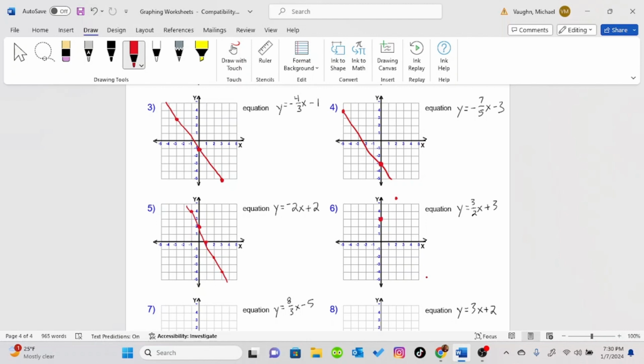We can also do the opposite to get the ones before. We can go down 3, left 2, and put a point. And again, down 3, left 2, to get another point. And now we can connect our points together to draw our line. And there we have the graph of the equation in number 6.